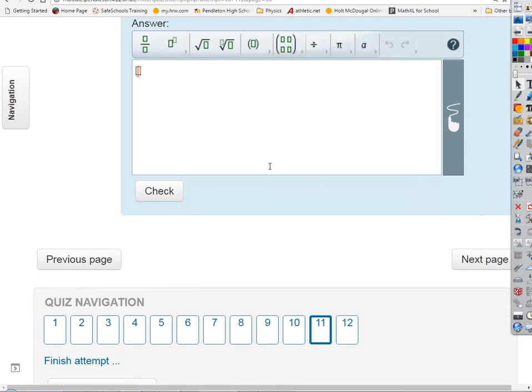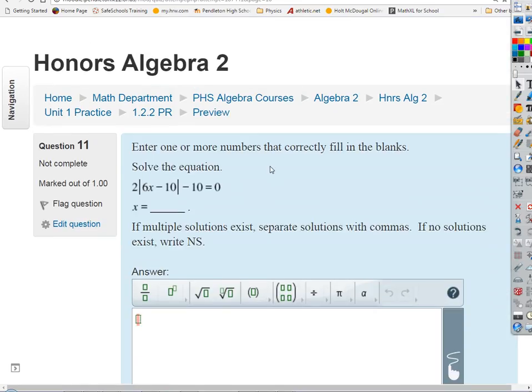Okay, 2 more. So this time we got to get the absolute value bars by themselves, which means I'm going to have to add 10 first and then divide by 2.